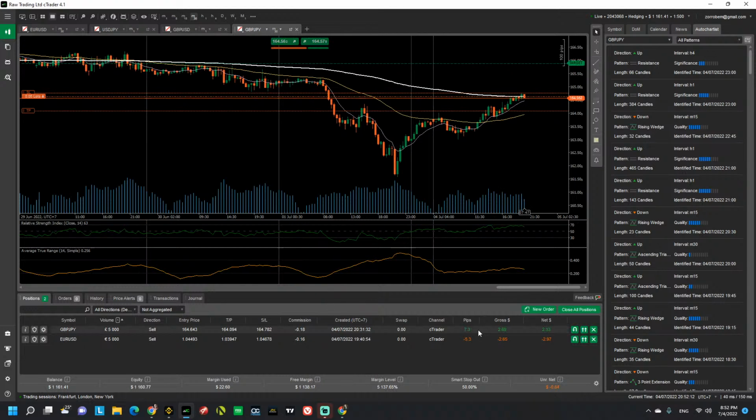Okay, as you can see now, we're 7 pips. Our gross is about $2 to $3. So if this stays at like $2, if we make $7, we can close this and call it break even. This is what we can do.